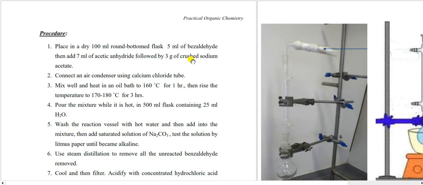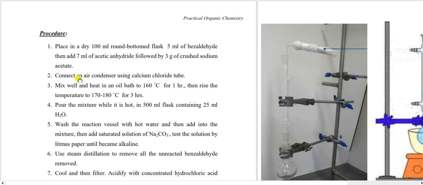Add all this material, mix well, and connect this round bottom flask with the condenser, but without any water, even for condensing.